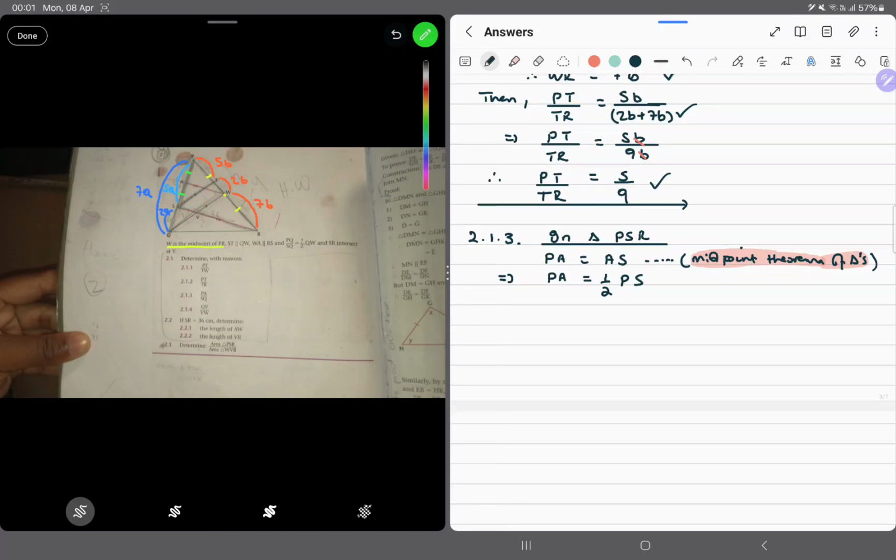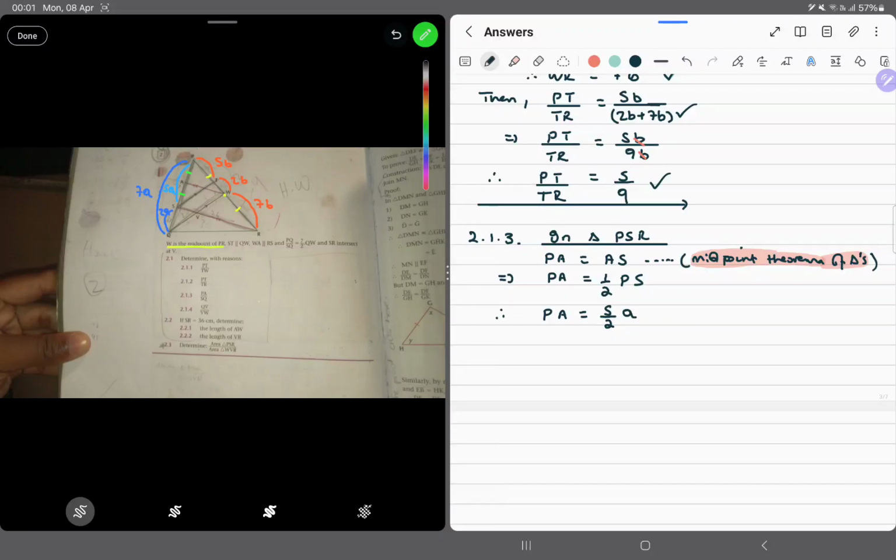So we can say technically PA is going to be half of PS, which is 5a. Great. So half of 5a is basically 5 over 2 a. So maybe let's just not waste time here. Say this is going to be 5 over 2 a.